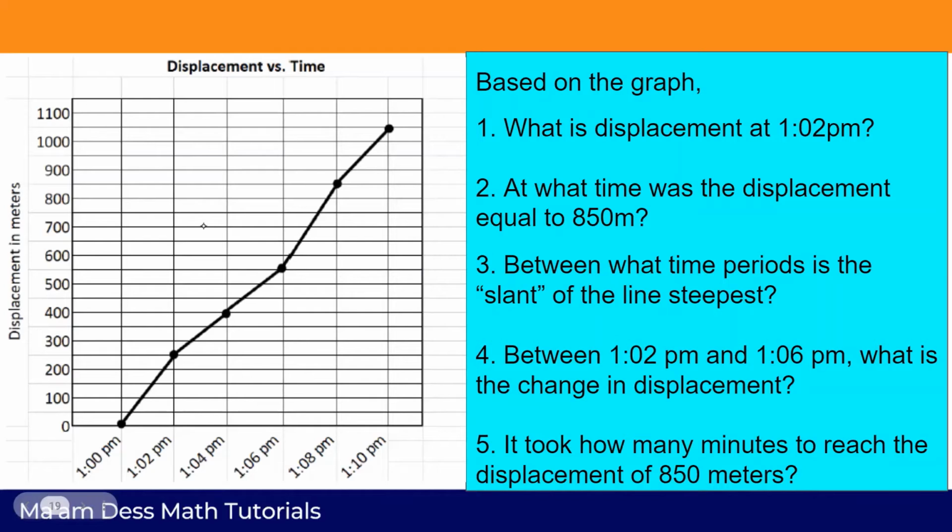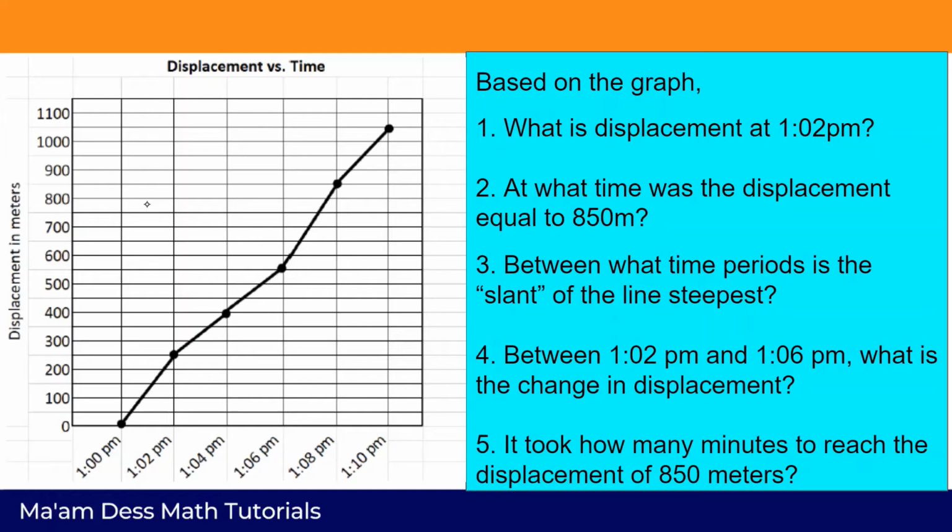From 0 to 100, yung gitna po niya ay 50, diba? So, kung ito ay 200 and 300, yung gitna po ay 250. Okay? Then, 1:04 p.m. Ito yan. So, nakatapat po kay 400. 1:06 p.m. we have between 500 and 600, meaning 550. Then, 1:08 p.m. Okay, so it is 850. And then the last one, 1:10 p.m., we have 1,050.